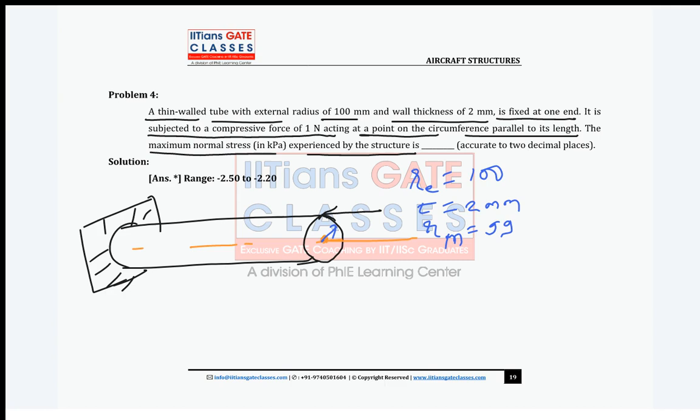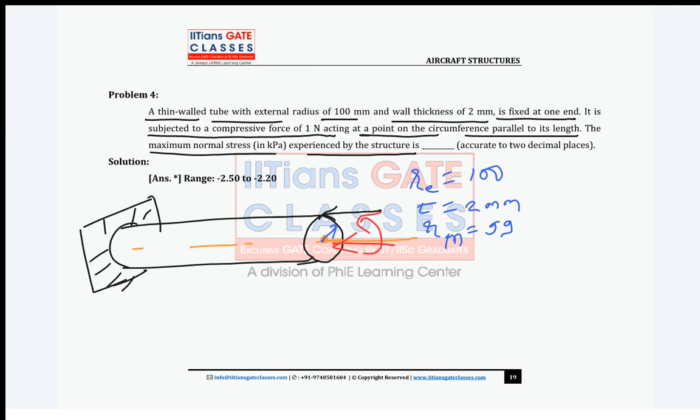So that means when we shift this load to center, it will be a moment, right? So what will be the moment? This will be the moment. So if you try to understand, there is one axial load and there will be a bending moment, right?